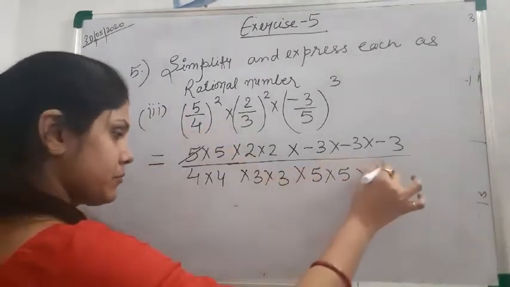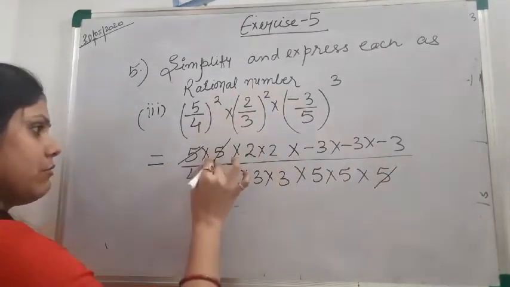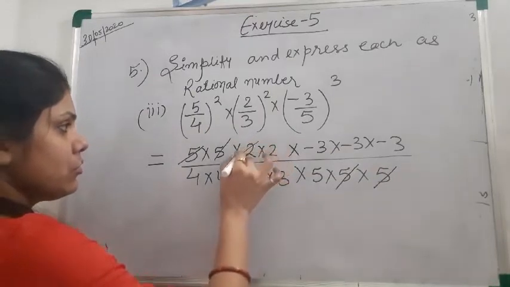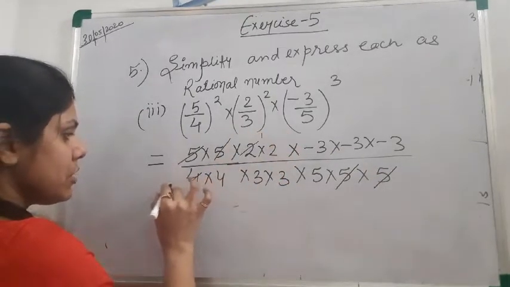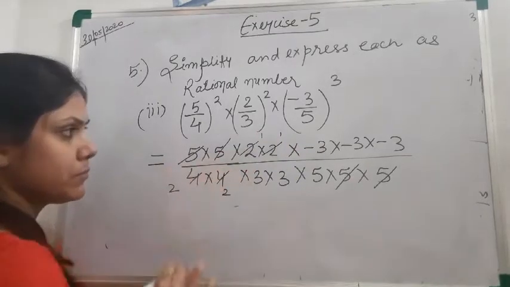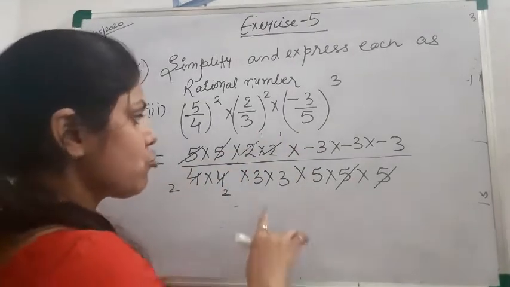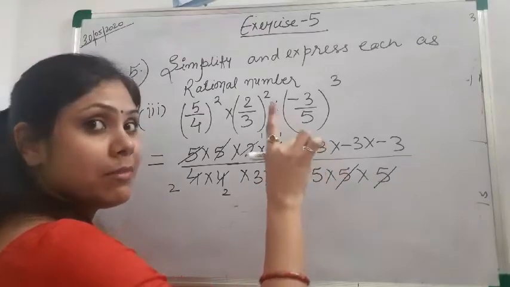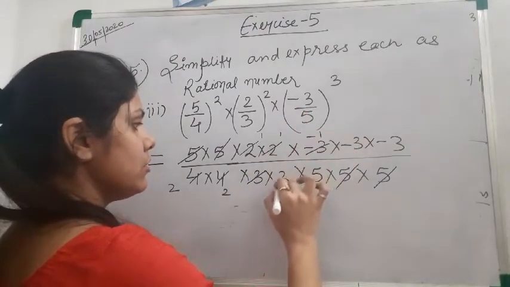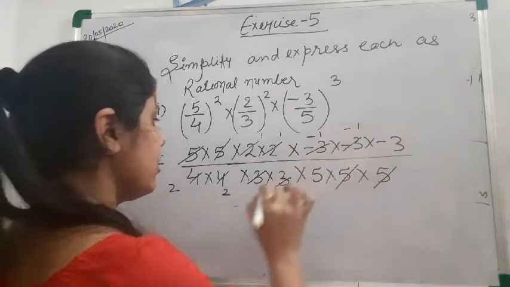5 cancels out. Now you can see 2 ones are 2, 2 twos are 4, 2 ones are 2, 2 twos are 4. Now 3 here, 3 here, but the minus sign is there. 3 minus 1, 3 minus 1.